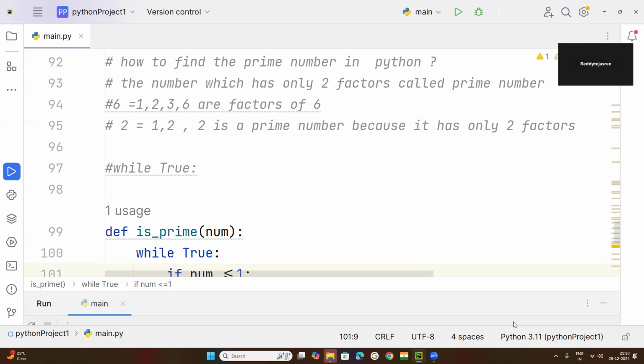So the user will be asked to enter continuously. So where should we use that? The while loop.